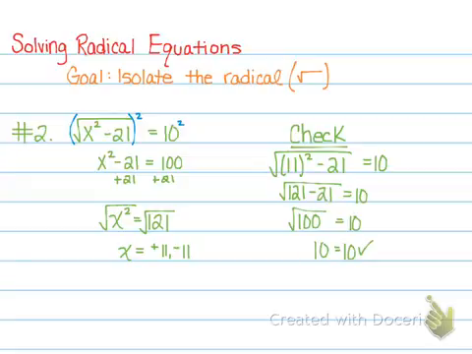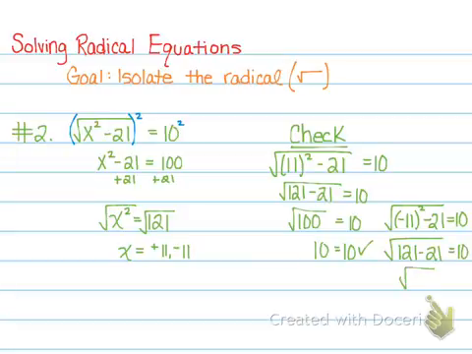So now we need to check negative 11. So we have negative 11 squared minus 21. Now a negative times a negative is a positive, so we have 121 minus 21 equals 100, and the square root of 100 does equal 10. So this is an example of where you have 2 solutions.